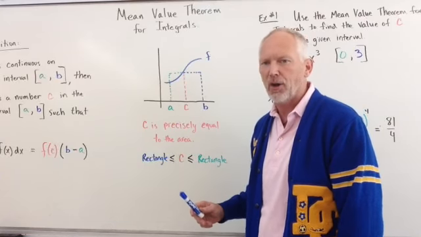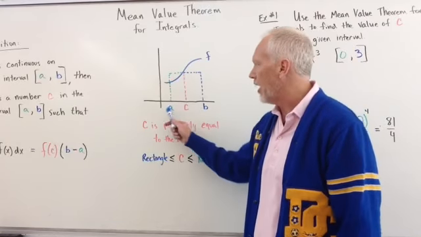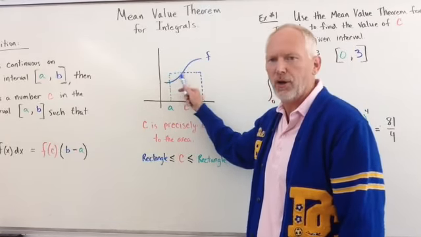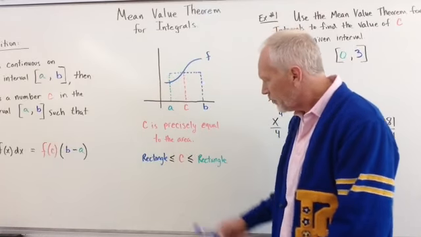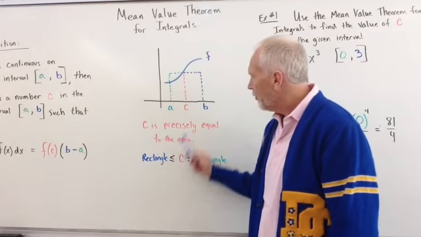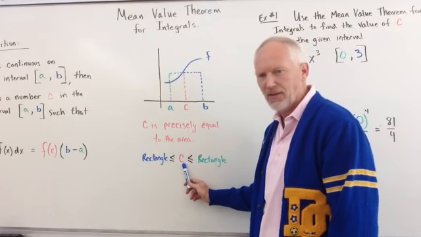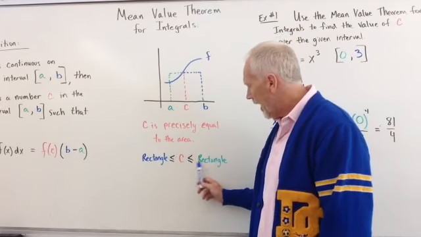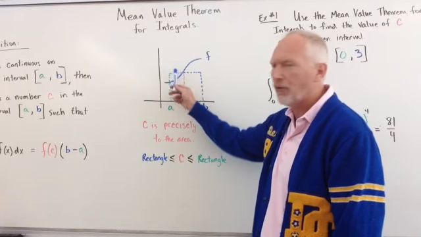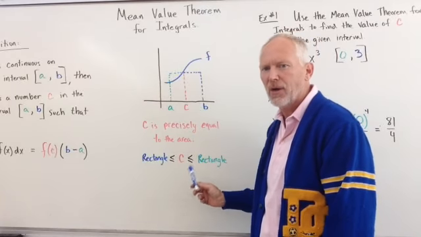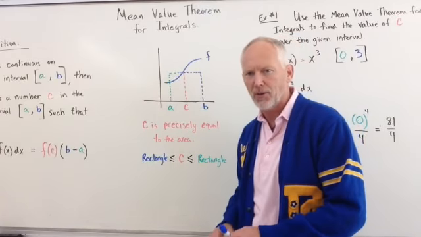So it's right on the curve. It's got to be a value. Either I'm over the curve here or I'm under the curve. So the rectangle from c to b, this blue one, is less than c, right? And the green one here is over the curve, so that's greater. So c is going to be right in that middle spot.